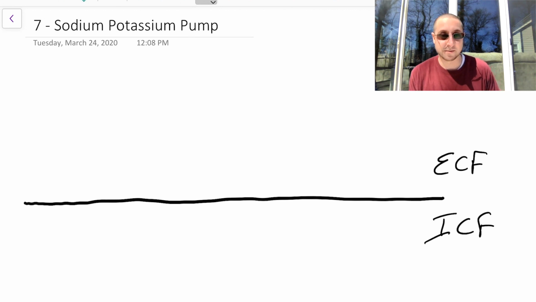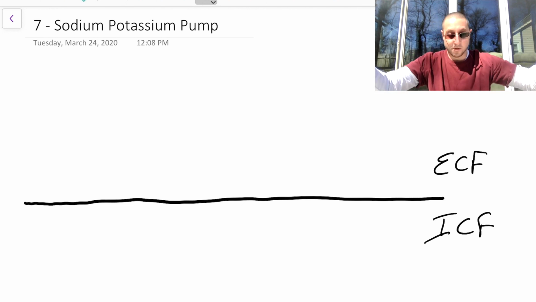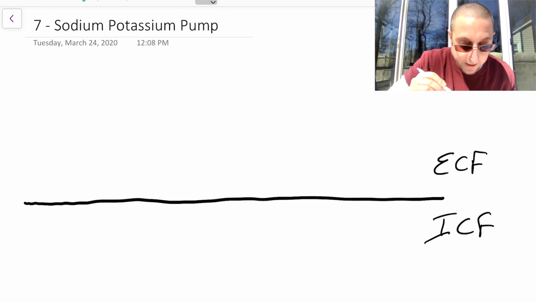I will talk about some other things, but we're going to focus on this. What does ECF mean? That's extracellular fluid. What is ICF? That is intracellular fluid. So if we're looking at the ICF, that's inside the cell. If we're looking at the ECF, that's outside the cell. In, out, in, out.